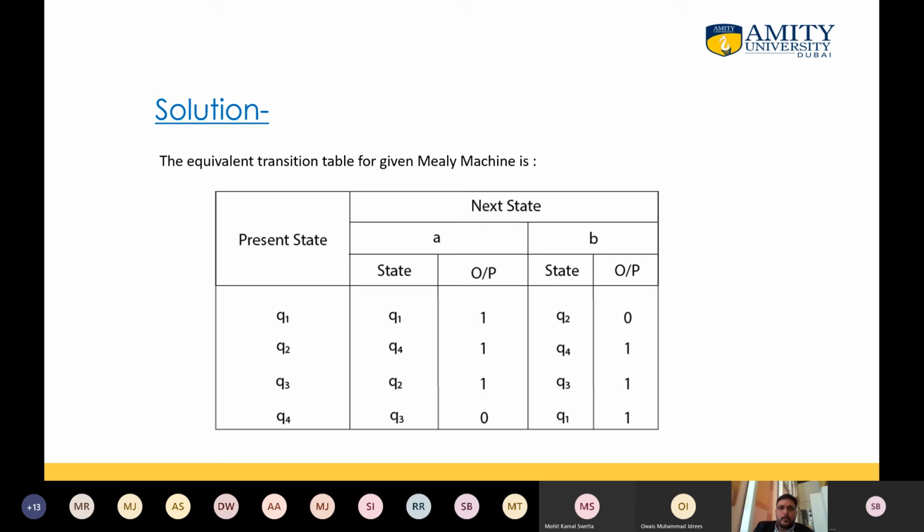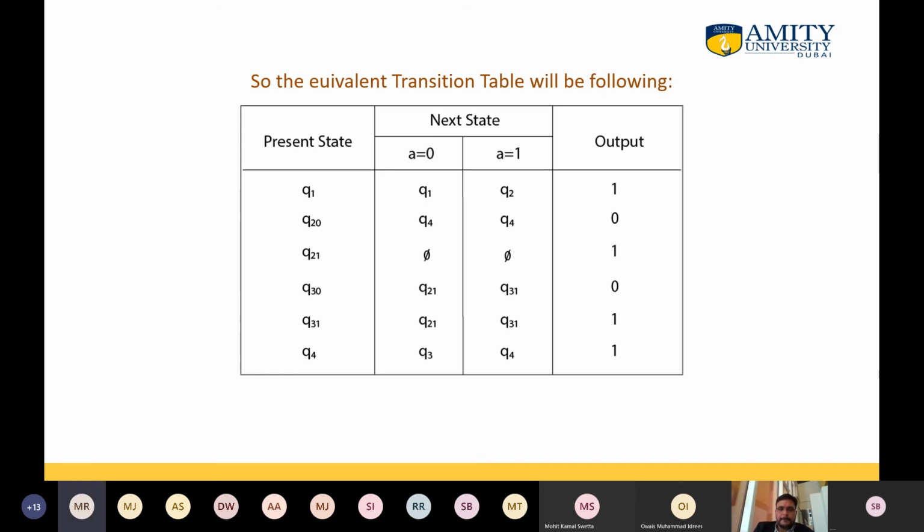Now come here and see. Q1. What was the output with state A input? Q1 only. Yes, sir. So you are writing 1. Okay. And Q2, Q1 with 1 input, you are going to Q2. You are writing Q2 0.